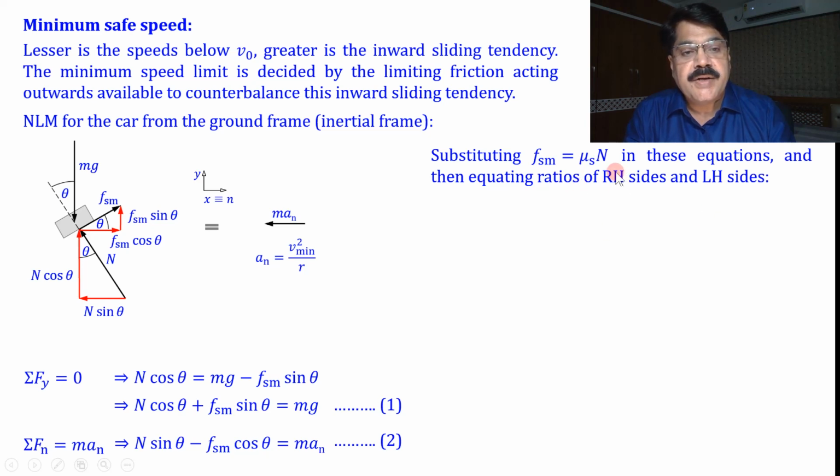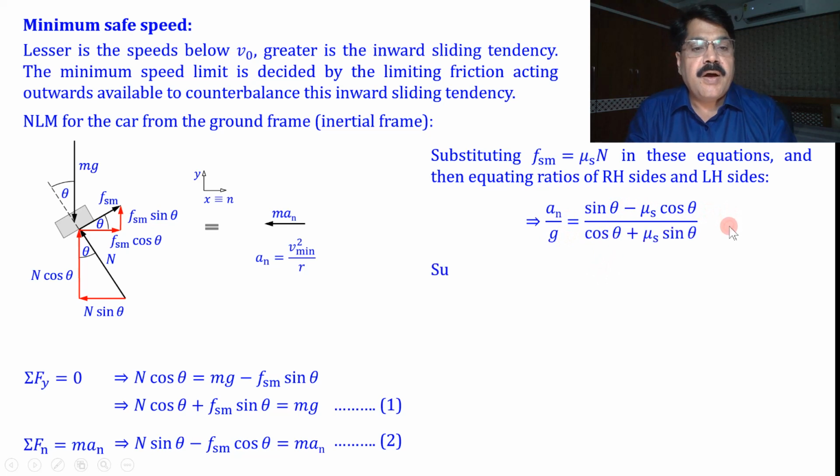So the ratio, equation 2 upon equation 1, gives a_n by g. Here mu_s N was there, so N will cancel. What we get is a_n upon g is equal to sin theta minus mu_s cos theta upon cos theta plus mu_s sin theta.